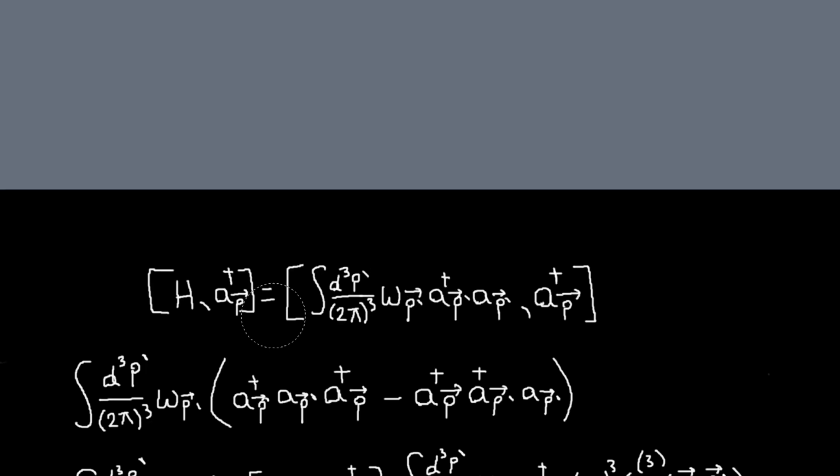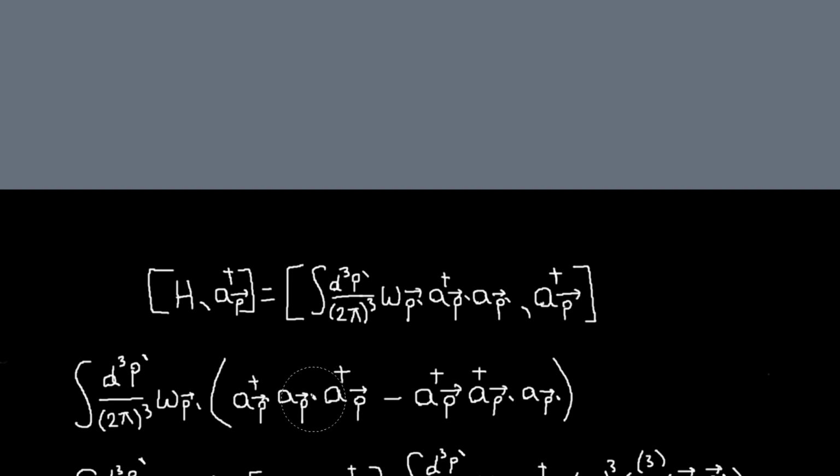So if you write this out, this times this minus this times this, you'll just get this. I can move this operator inside the integral because this is P prime, this is P. So I get these two terms, and then my A daggers commute for any value of P, so I can move this A dagger P prime to the left, and factor that out.